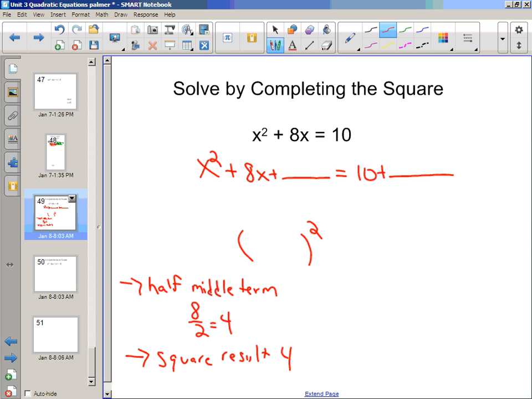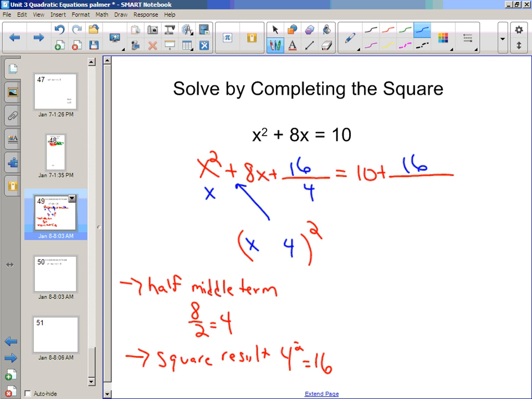So 4 squared is 16. So if I add 16 to both sides, I'm going to be able to create a perfect square that I can solve. The numbers that go in here are always the square roots of each one. So the square root of x squared is x, the square root of 16 is 4, and the sign is determined by whatever the middle term's sign is.